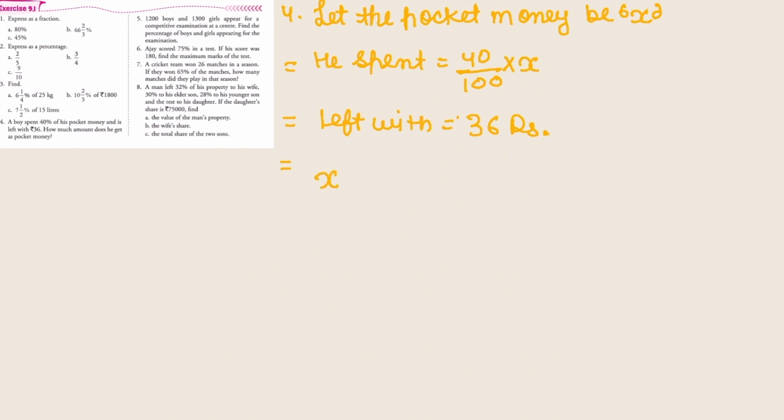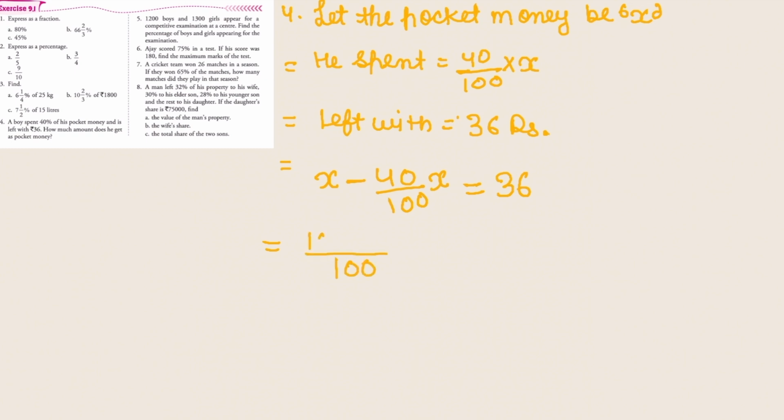It will be X minus 40% of X equals 36. Now we match it with its denominator 100.